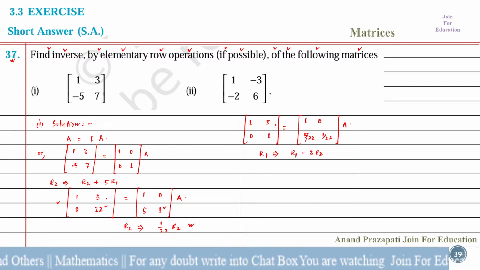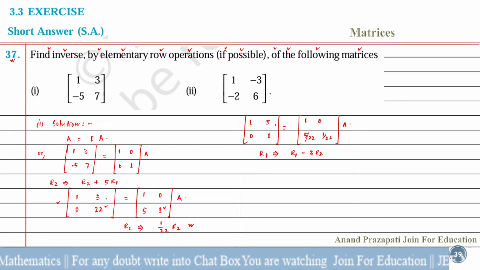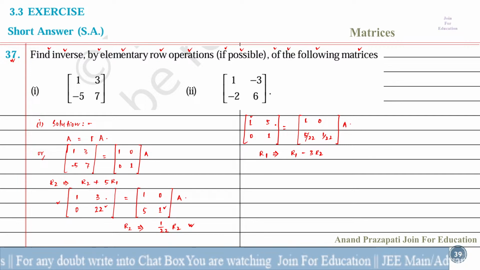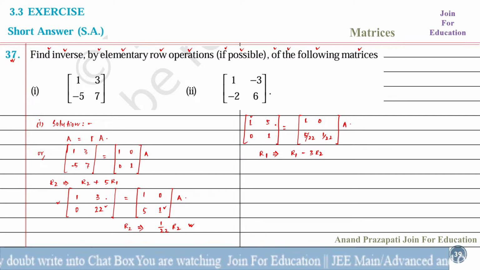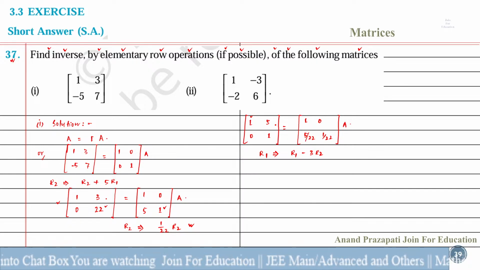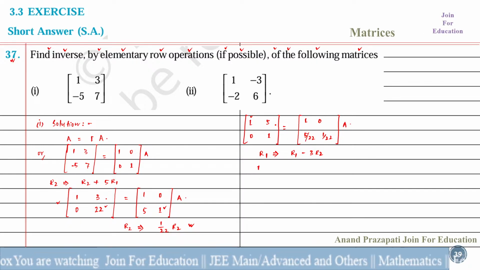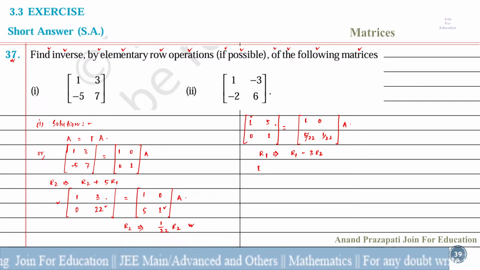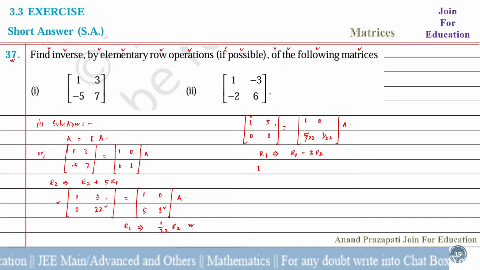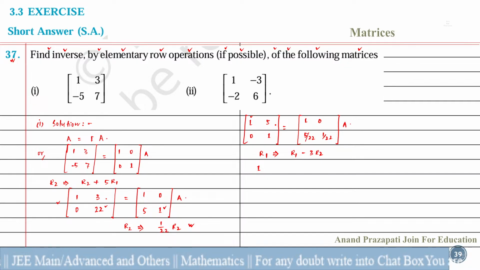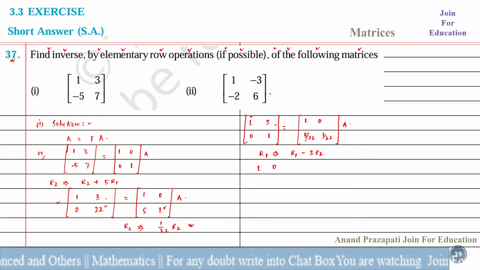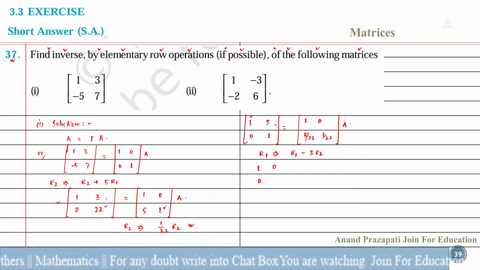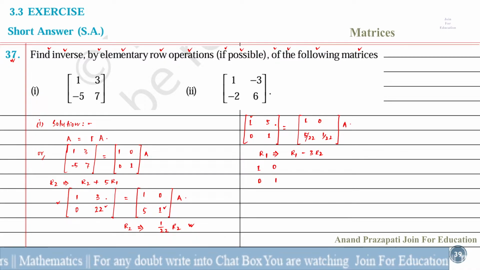So in R1, 1 minus 3 into 0 equals 1, so we write 1, and 3 minus 3 into 1 equals 3 minus 3 equals 0, and we write 0, and this is the 1.